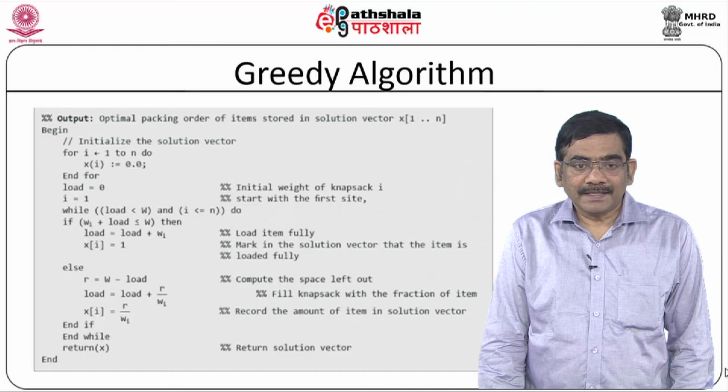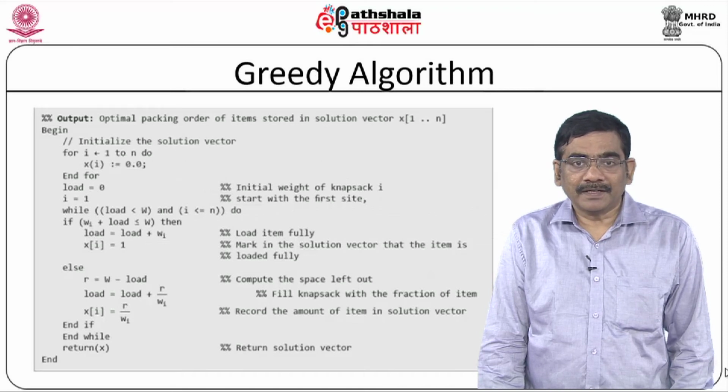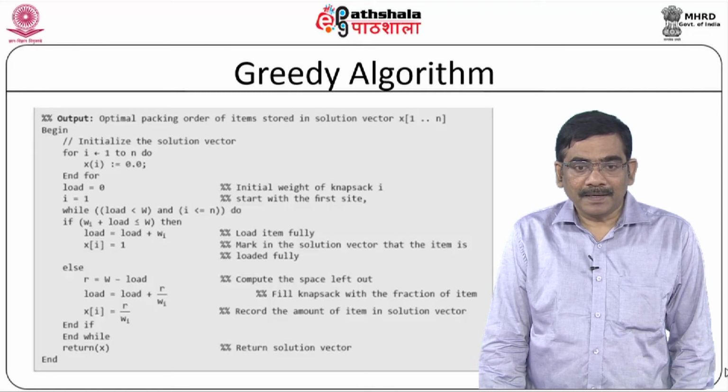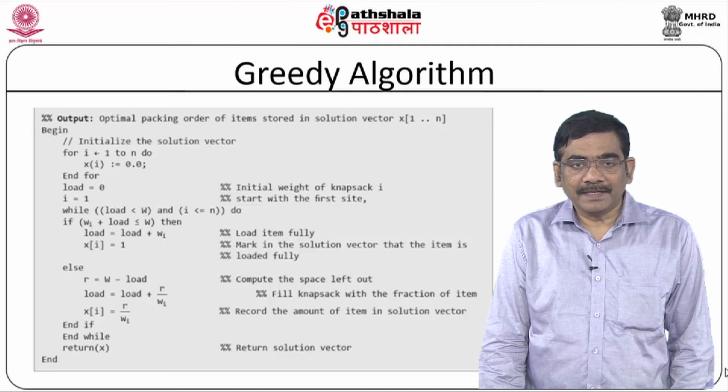You can see that initially the solution vector is initialized to 0. What I am trying to do is I am taking the ratio. Whenever there is a possibility, I am putting that into the knapsack.